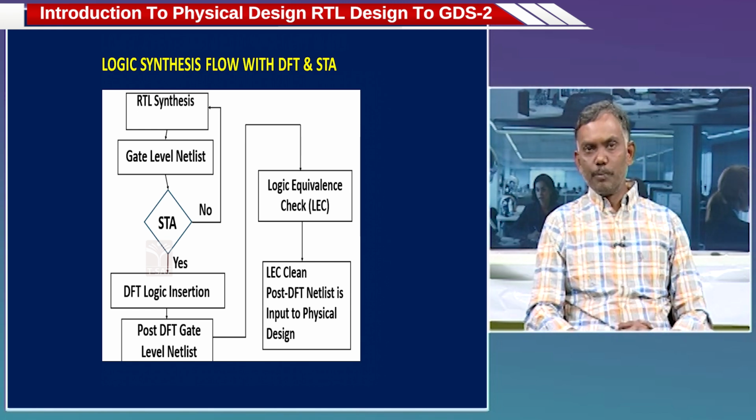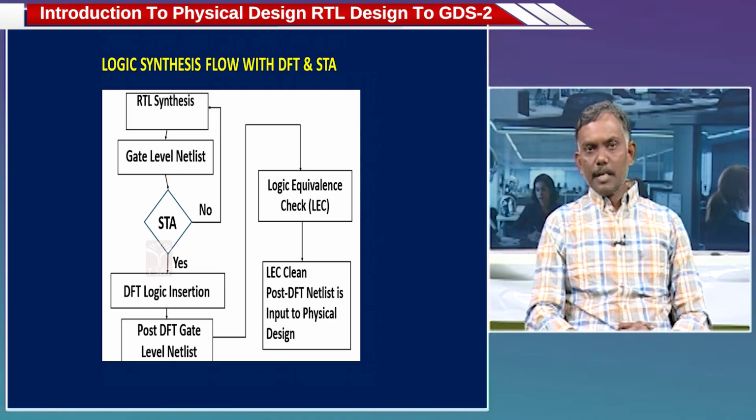We have a separate group. We should insert that logic on the gate level netlist. After inserting this DFT logic, we call it a post-DFT gate level netlist. After inserting this DFT logic, we need to run the LEC, logic equivalence check. It is functionality verification.